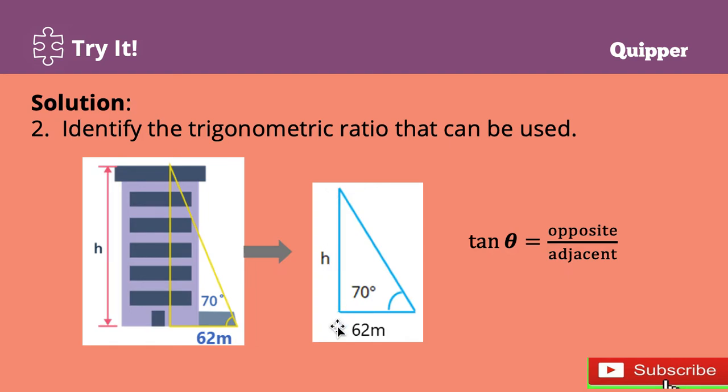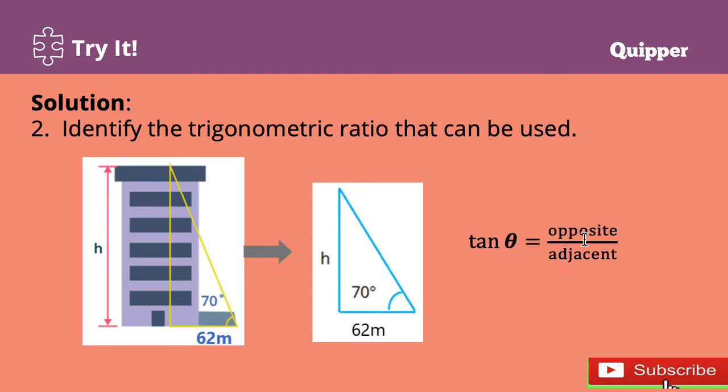And this distance here, which is 62 meters, the distance from the building to the observer, is the adjacent side. Take note, the involved sides are the opposite side and the adjacent side. So the only trigonometric ratio that involves opposite and adjacent side is the tangent ratio. So we are going to use the tangent ratio to find the height of the building.